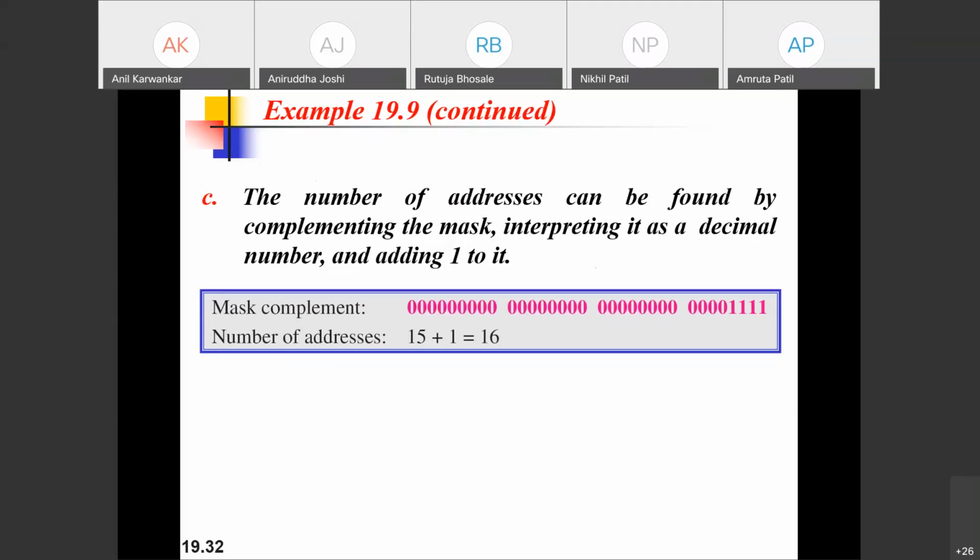That is the meaning of the mask that is being assigned to the IP addresses. Only 16 addresses are permitted within that particular subnet. If a 17th terminal is added, you have to change the mask. Then only that terminal will be allowed in the network.